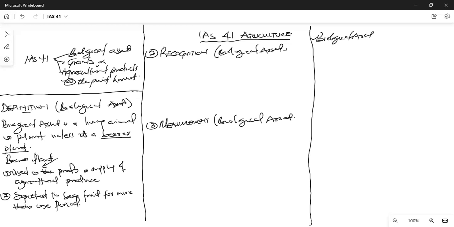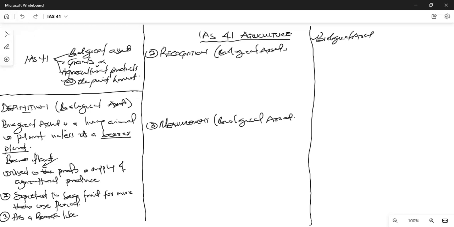And so we say that the bearer plant is a PPE. So number one, that tree itself or the plant itself is used in the production and the supply of agricultural produce, and it's expected to bear fruit for more than one period. The last thing that gives it recognition is that it has, we say, a remote likelihood, all right, or there is no likelihood.